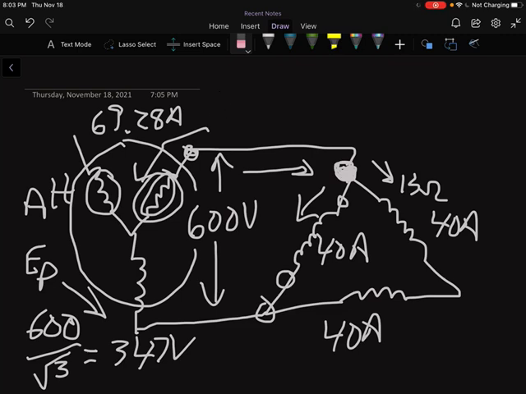So you can calculate power once, or if you want to double check yourself, you can calculate your power at the load and also at the alternator. If they both end up being the same, then you likely came up with the right answer. This time I'm going to calculate our three-phase power using phase values again. I want to bounce back and forth just so that you are familiar with it.